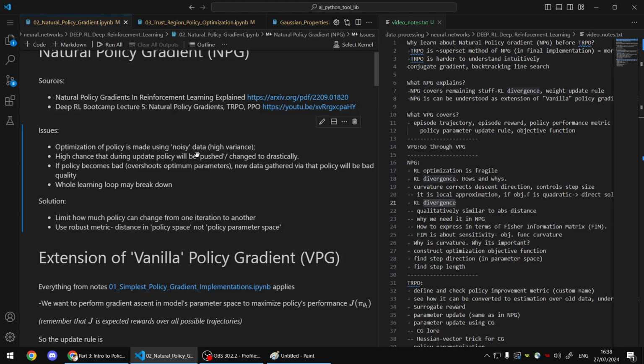And some trajectories will push the gradients very hard, and if they push the parameters so far that the policy degrades, we have a problem, because if the policy degrades, the agent will start exploring states that don't give good rewards. You have to keep learning from the current data on this policy, but the policy is bad and the data is bad, and basically you're stuck in this limbo. So it's kind of hard to break out.